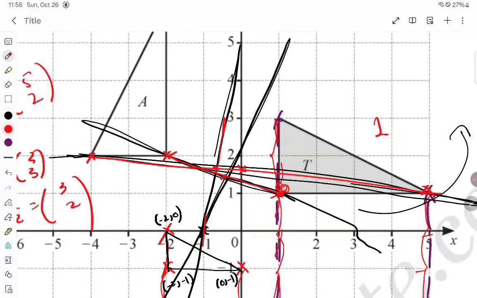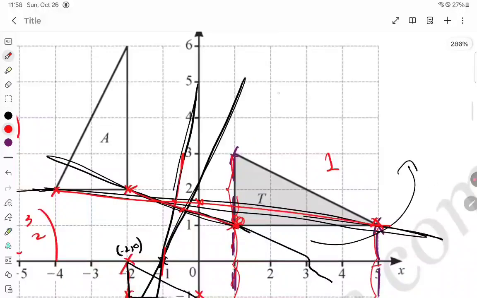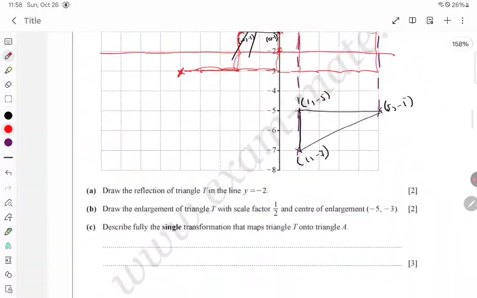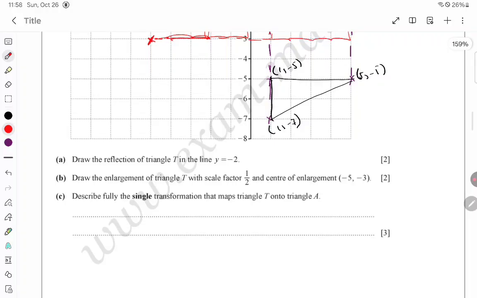Simply calculate the middle point with the formula x1 plus x2 over 2 comma y1 plus y2 over 2. So we can say that it is a rotation of 90 degrees in the anti-clockwise direction with center negative 1, 0.